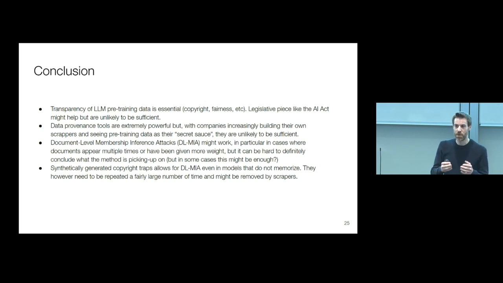We need to give them a few things, keep other ones that are exactly the same but just not given to the model, to truly understand how they learn and memorize. This is, we think, the most effective method we have today to detect that specific content was used, to understand whether a piece of content was seen during training by a model, and to get a sense of how they learn and how they memorize.